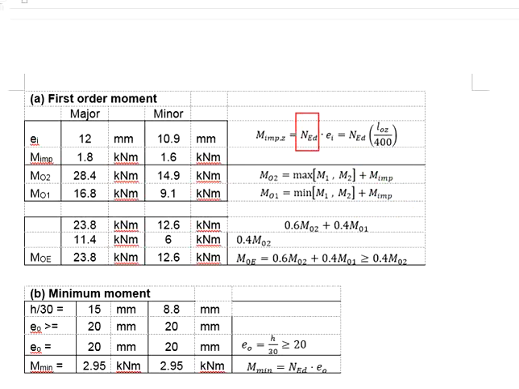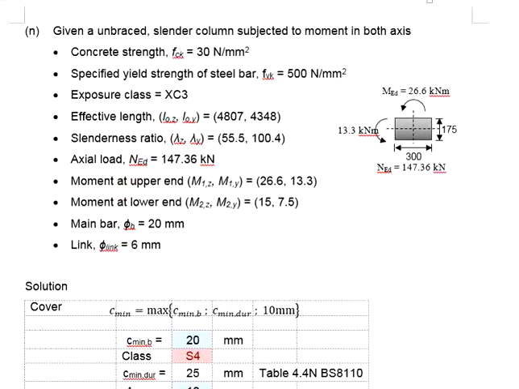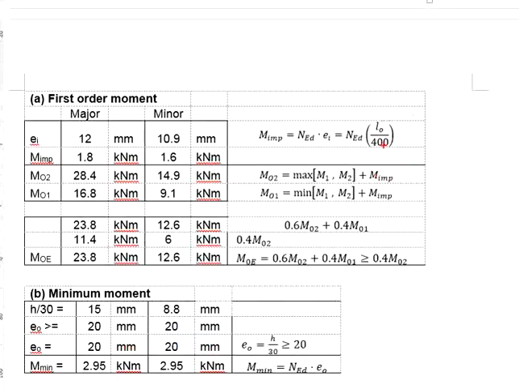The equation for the imperfections is NED times EI, where the EI is calculated by the effective length per 400. The effective length is given in the question. Major axis and the minor axis, two different values. Divided by 400, you get two EI, one in the major axis, another in the minor axis.